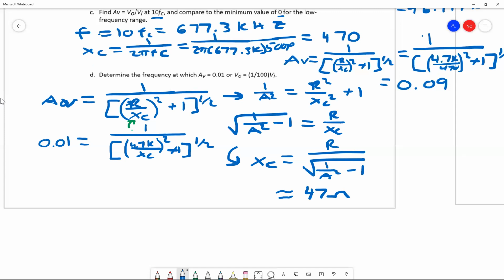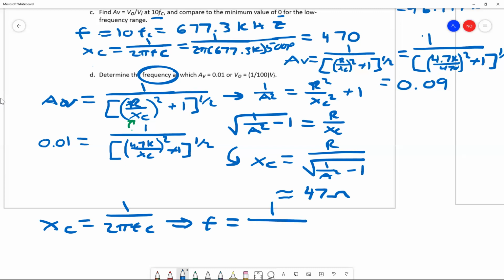Now, once we have XC, it's pretty trivial. XC equals 1 over 2 pi FC. To solve for your frequency, which is what we're looking for, we plug in all these values and rearrange to solve for F. So F equals 1 over 2 pi XC times C. That would be 1 over 2 pi times 47 times 500 pico.